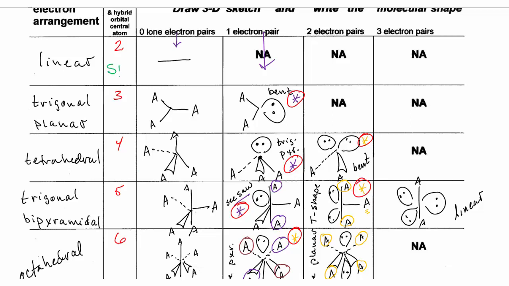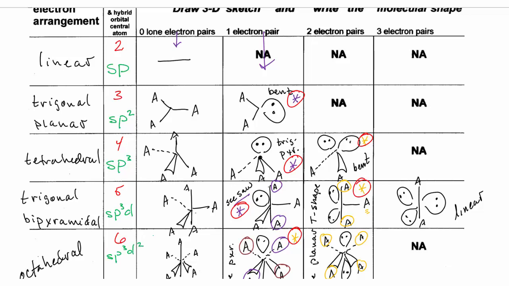Linear, sp, is the hybridization of the central atom. For trigonal planar, it's sp2. For tetrahedral, sp3. Trigonal bipyramidal, sp3d. And octahedral is sp3d2.